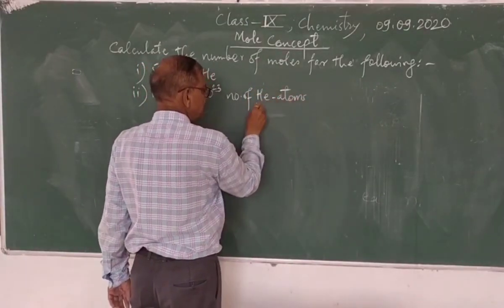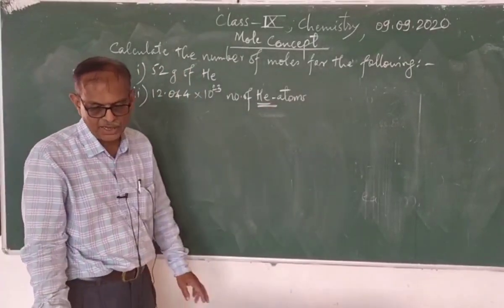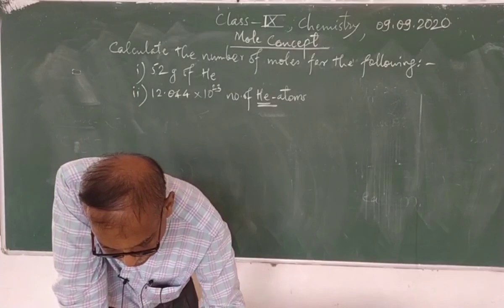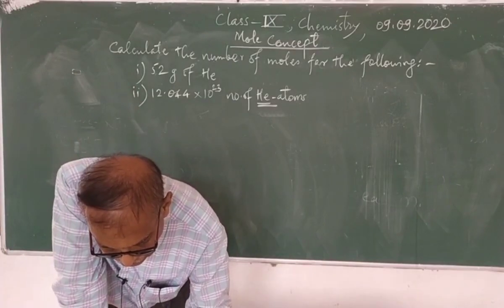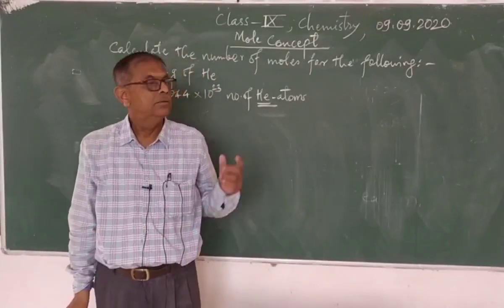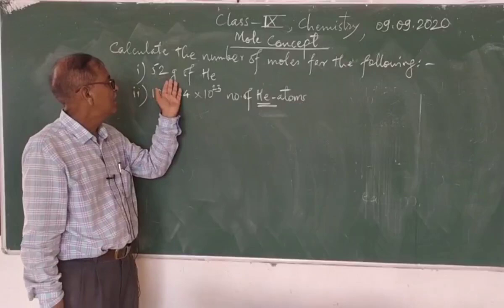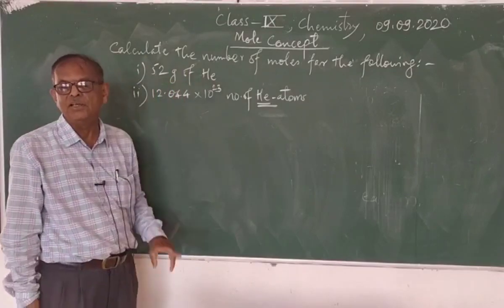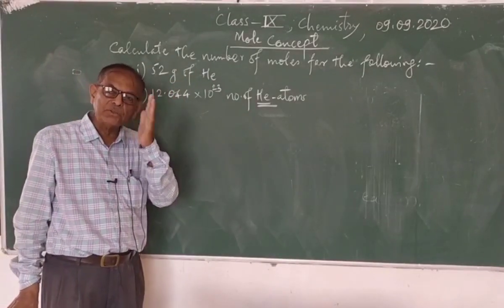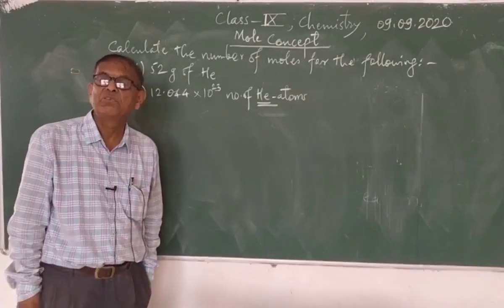He atoms means helium atoms. So remember, here we have the number of helium atoms, and here 52 gram of helium. The molecular mass of helium is 4.